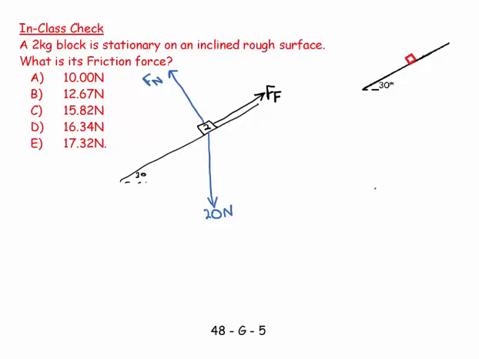I could do a scaled vector diagram. I could draw, say, 5 newtons for my 5 centimeters, so 5, 10, 15, 20 newtons. And then I draw my axis up here that's at 30 degrees to the horizontal.